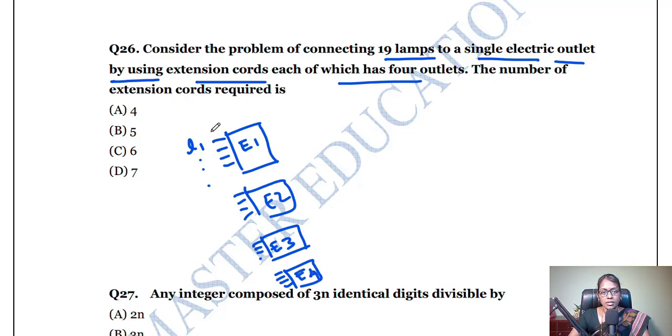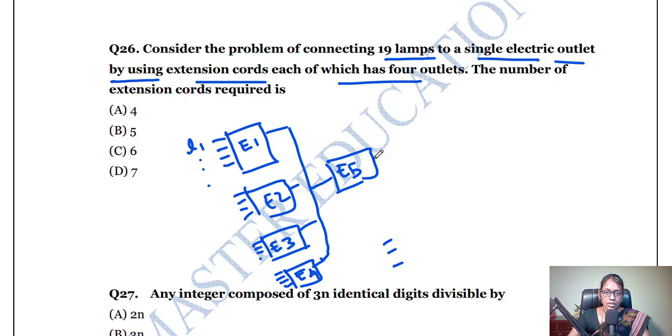So how many have been connected? 4, 8, 12, 16. 3 more lamps are there. These 3 lines and this one line, so 4 lines, are connected with extension E5.